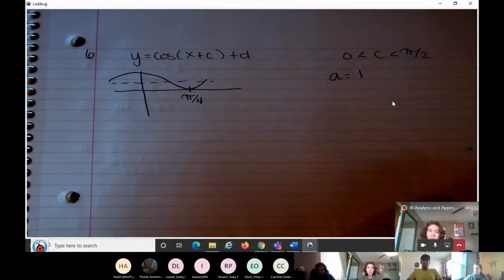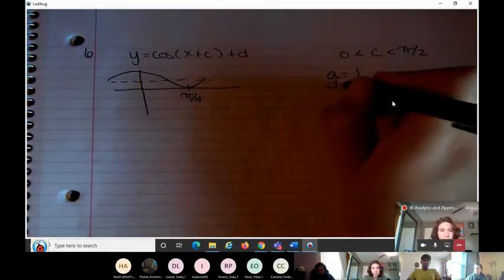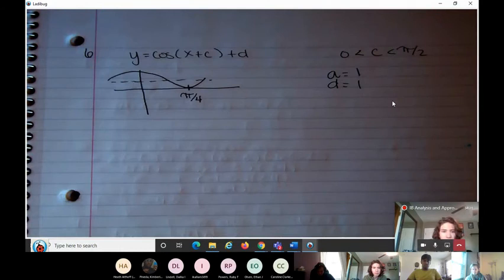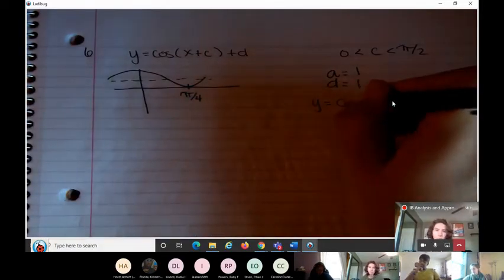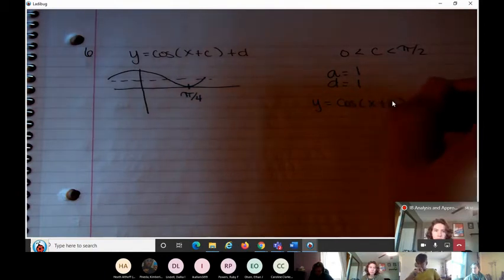So our D must be positive 1. Very good observation. All right, so we have our D value. Now, how about C? So far we have y equals the cosine of x plus c plus 1.